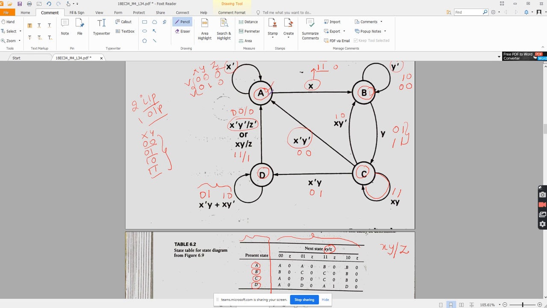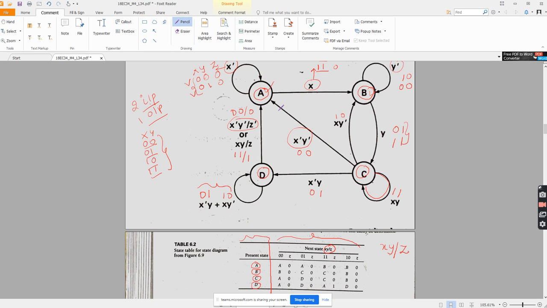So what I'll do is try to digitize these states. How will I digitize these states? By assigning some state values. Understanding? Since there are 4 states, how many state variables do I need? I will assign some state variables for each state.